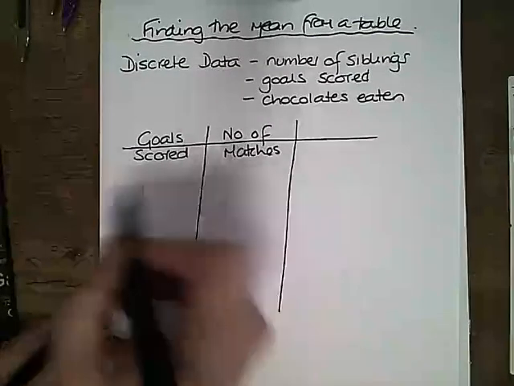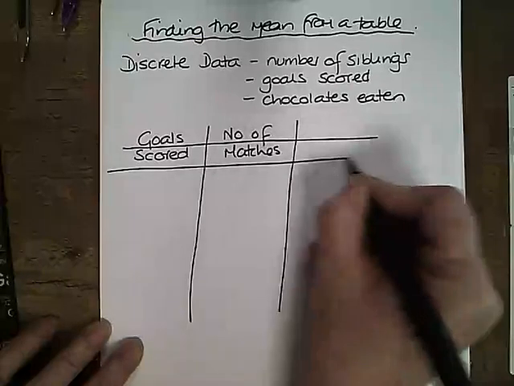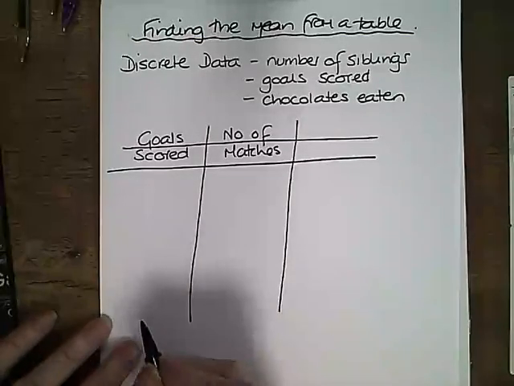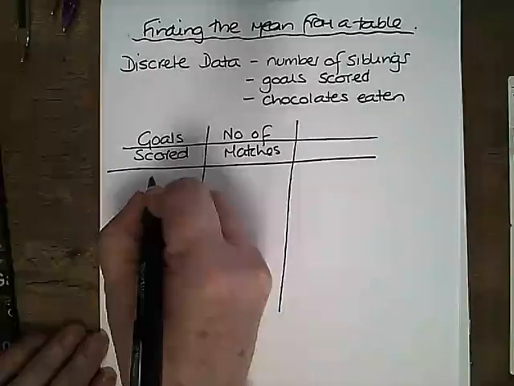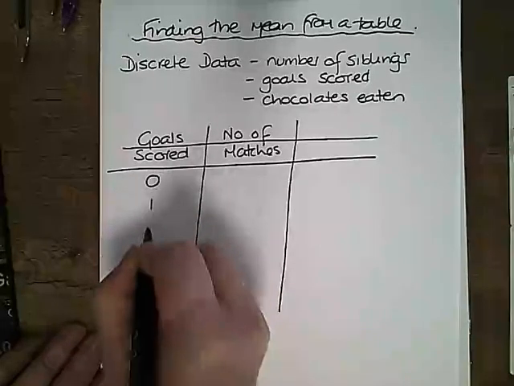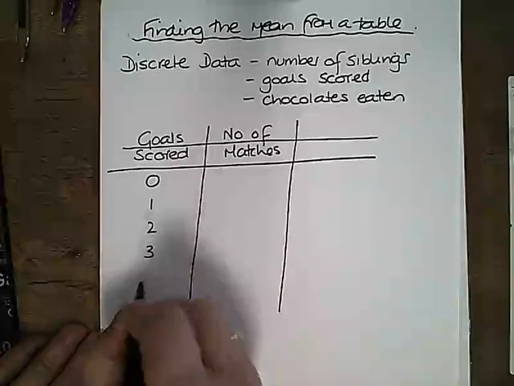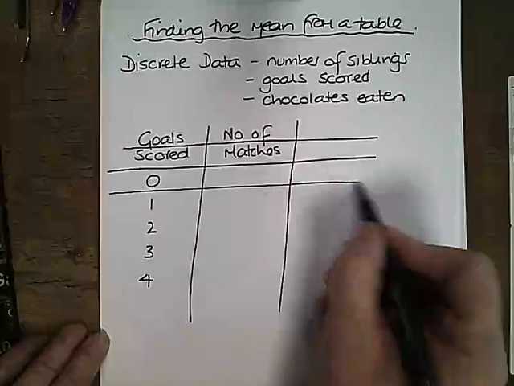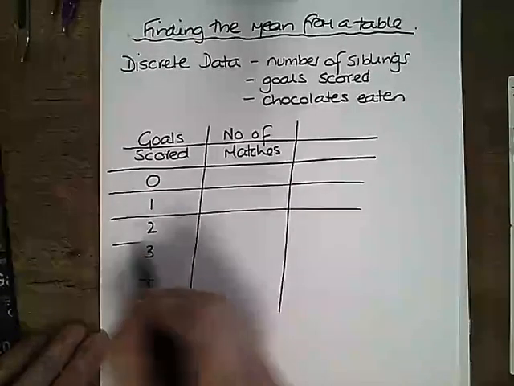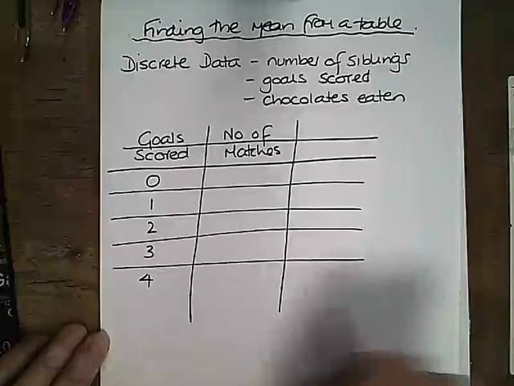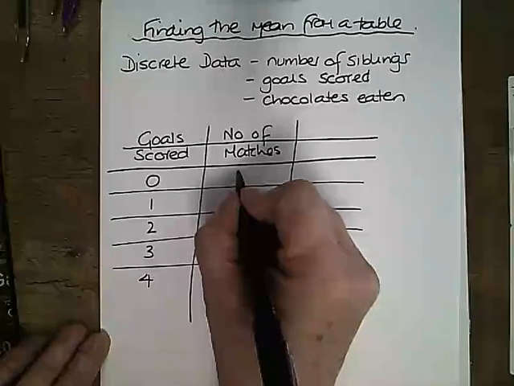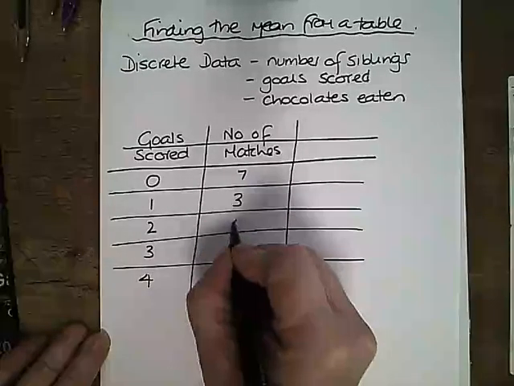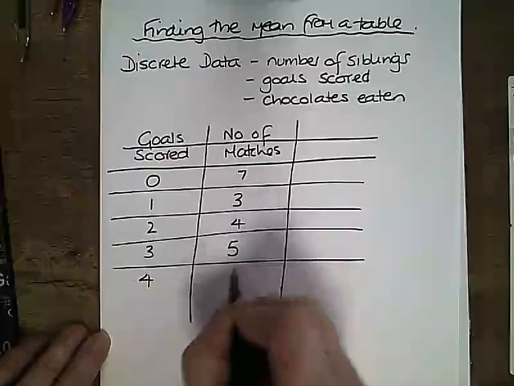So the goals scored: no goals, 1, 2, 3 and 4, and we'll assume there were no more than 4 goals scored in this set of matches, and the number of matches might be 7, 3, 4, 5 and 1.